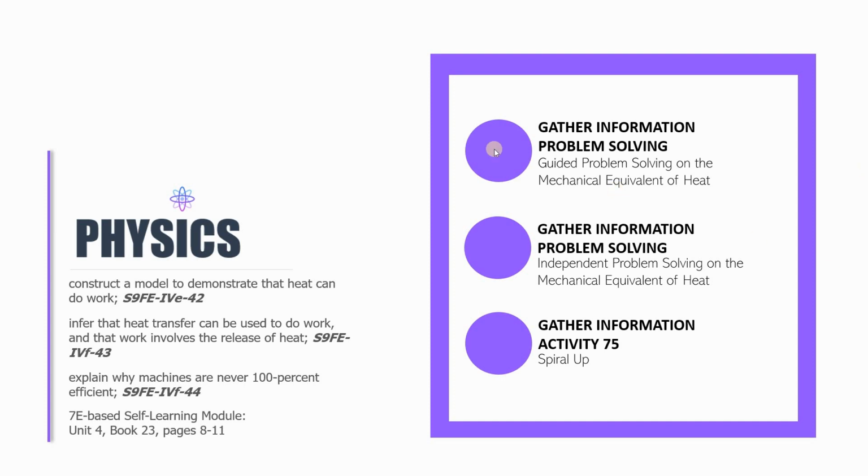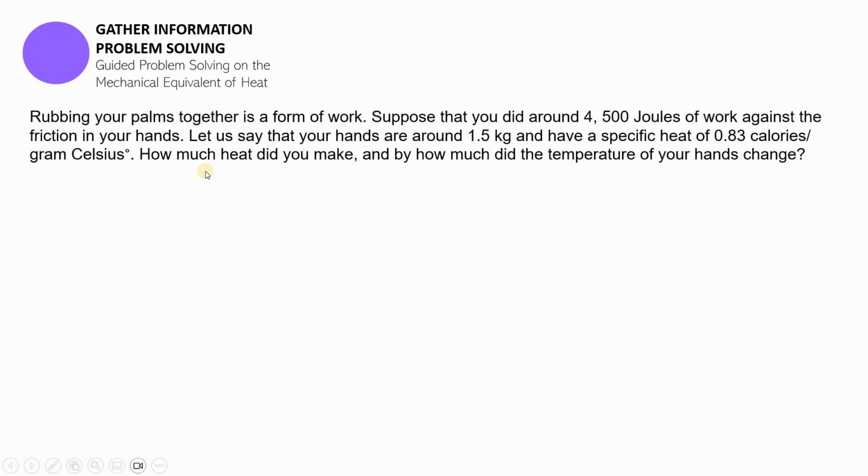Let's now dive into the actual first part of this session. Now, suppose that you were rubbing your palms together and that was actually a form of work, not a job, but physically it's work.